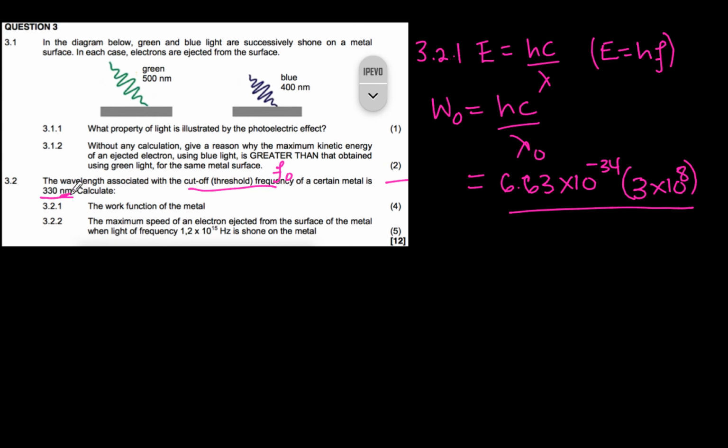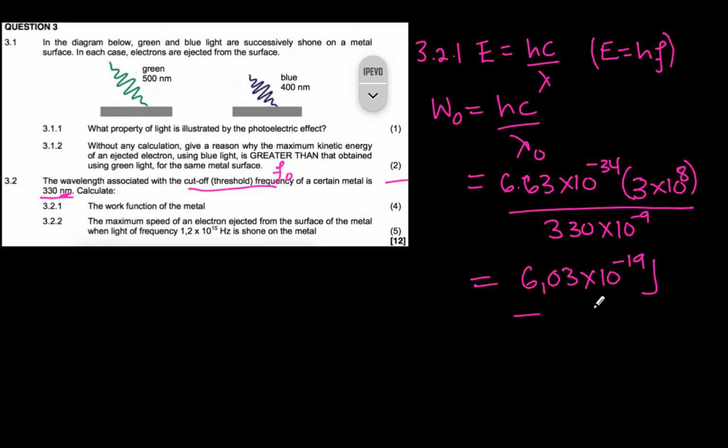To convert nanometers into meters, we multiply by 10 to the power of negative 9, so it's 330 times 10 to the power of -9, which is now in meters. Then our answer is 6.03 times 10 to the power of -19 joules.